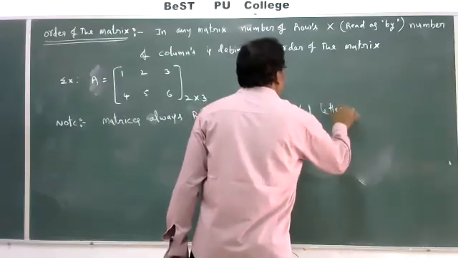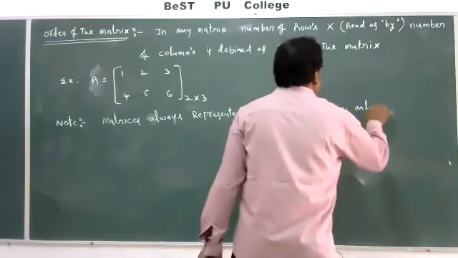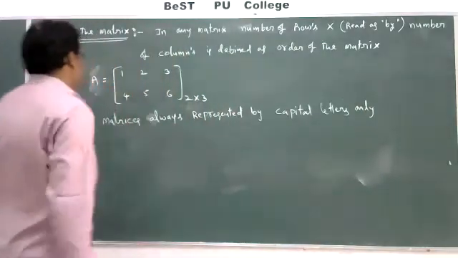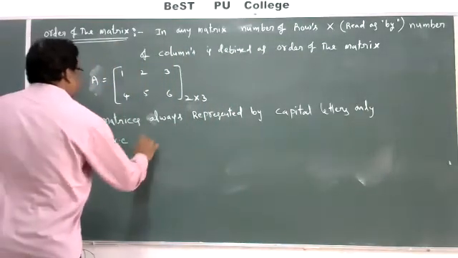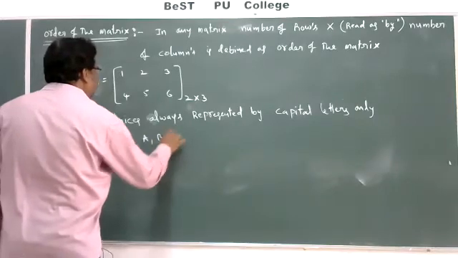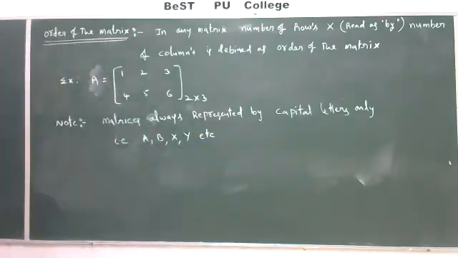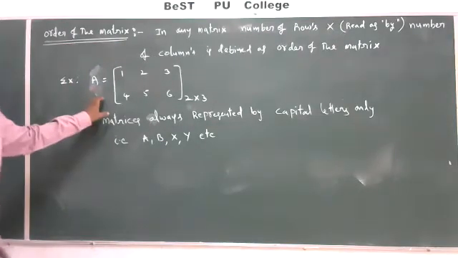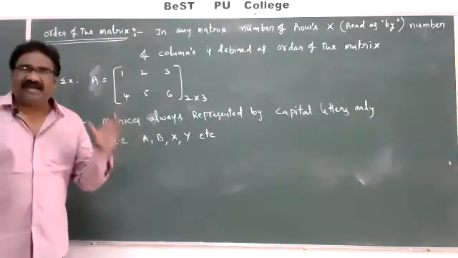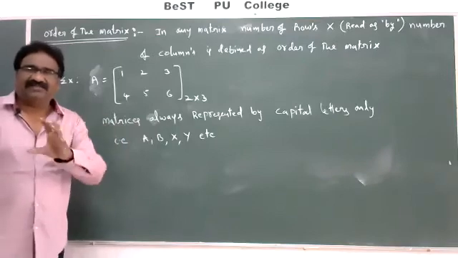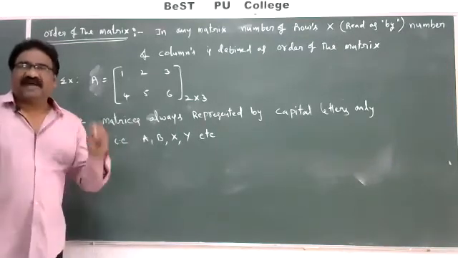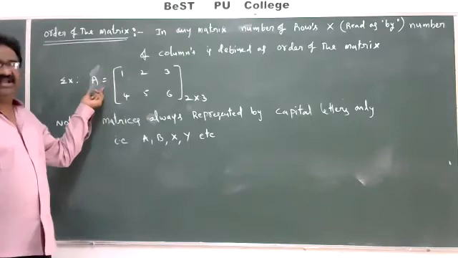Capital letters only. That is capital A, capital B, capital X, capital Y, etc. Any matrix can be represented by capital A, capital B, capital X, capital Y, like that. So matrices are represented by capital letters.